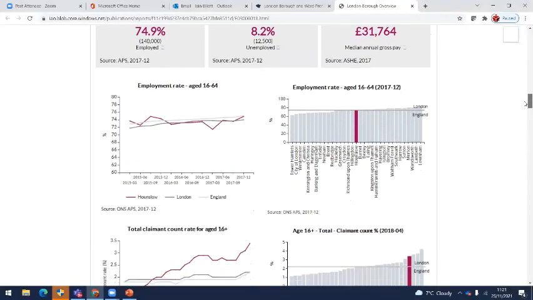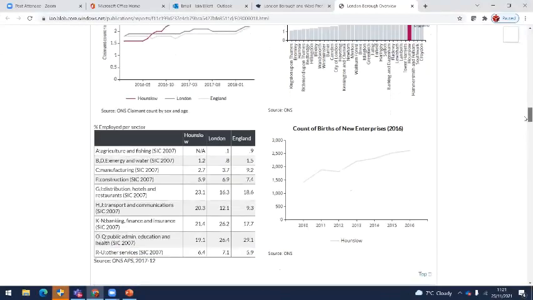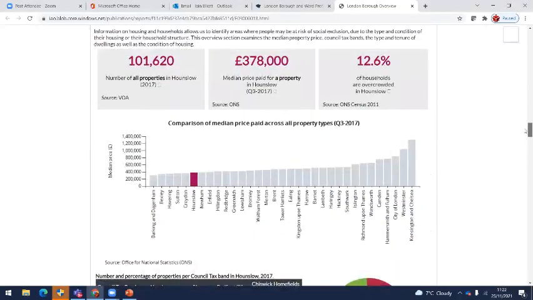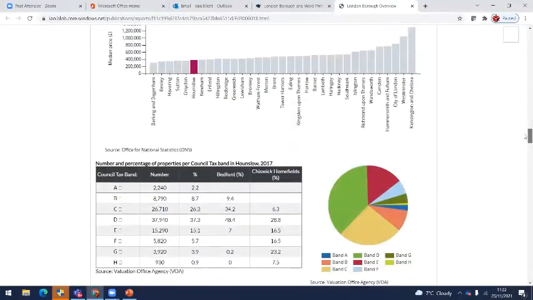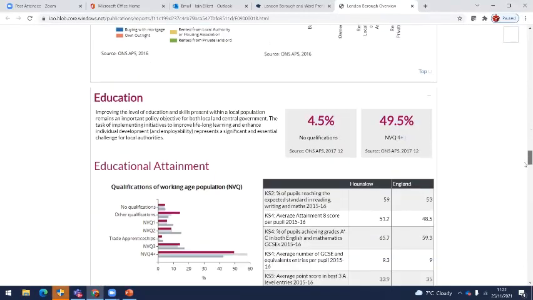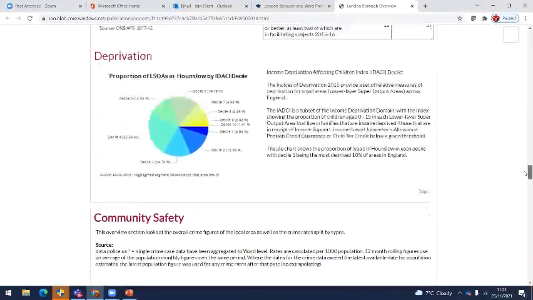So some of this information will obviously be on the other website I just referred to, but this one's easy to use as well. Things like property price comparisons, education, deprivation.